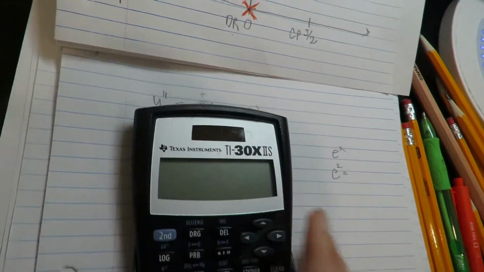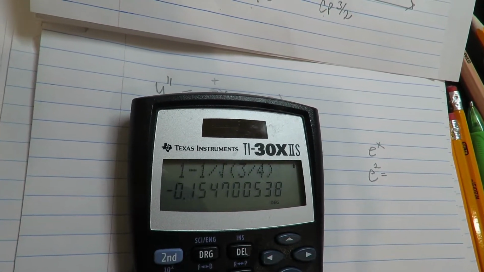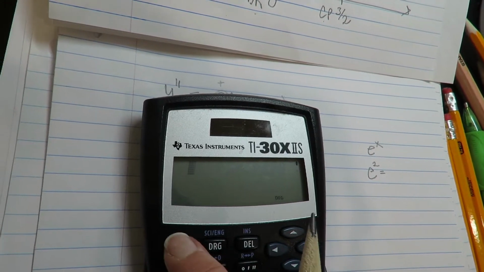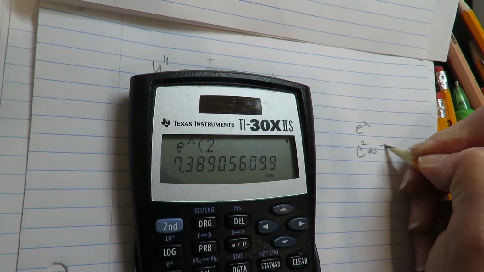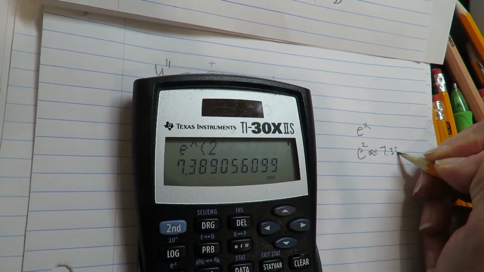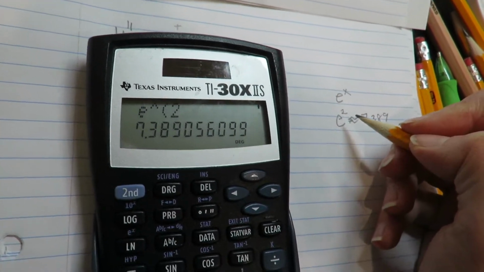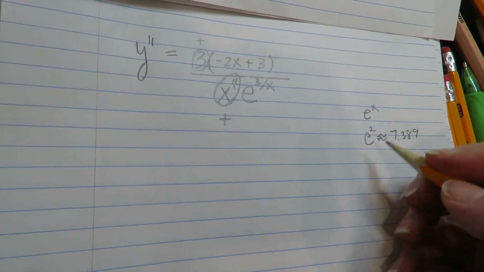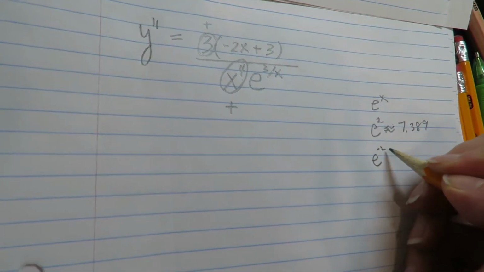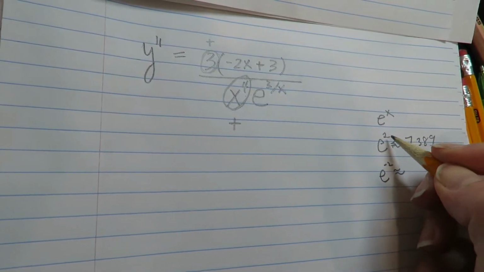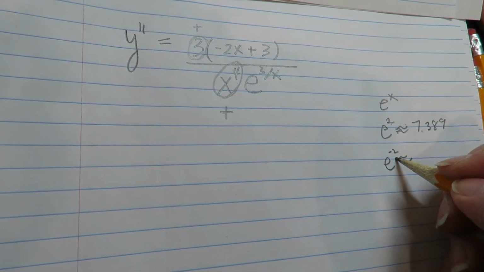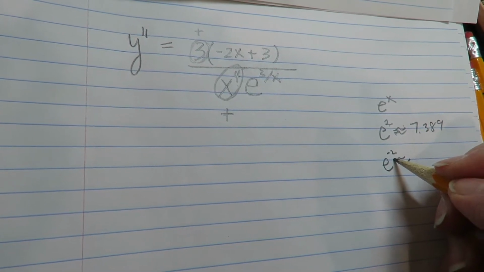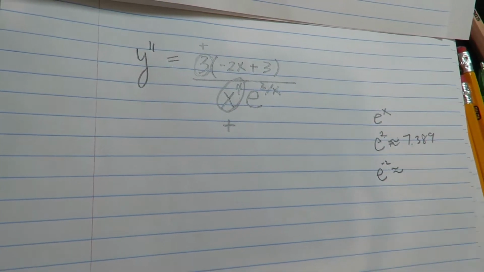For instance, e squared is about 7.389. Now notice this. This is the part where students get confused. What if I put in e to the negative 2? When you put in a positive or a negative, it's still positive.